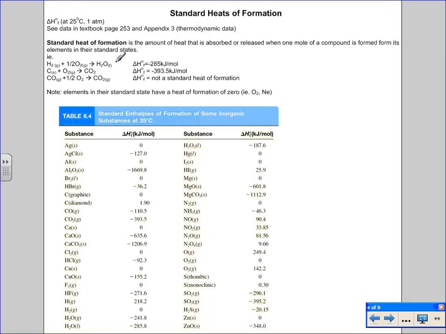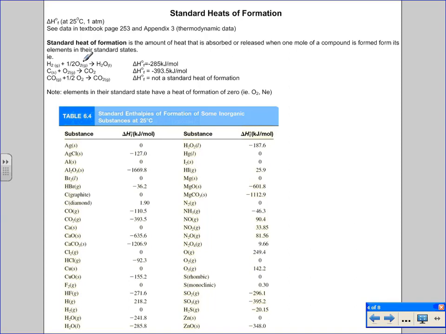So if you look at these examples here, we've got H2 plus half O2 going to H2O, and this is a heat of formation. We're forming 1 mole of liquid water from its elements, so from hydrogen and oxygen in their standard states. So hydrogen being a gas and oxygen being a gas in its standard state.